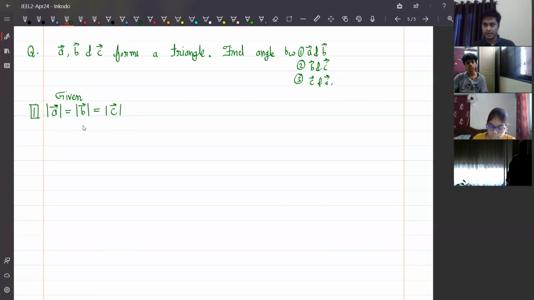The magnitudes of the vectors are equal. That means all the sides are equal. So you have to visualize the triangle. You have to draw the triangle. Solve this one. Try it out.